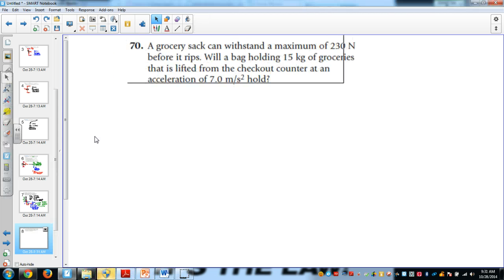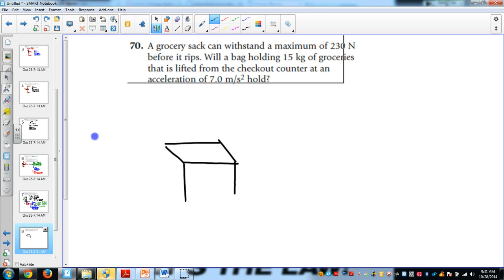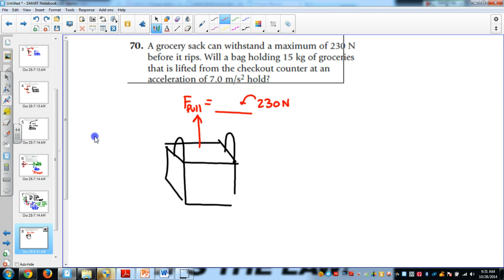All right, so in number 70, it says a grocery sack can withstand a maximum of 230 newtons before it rips. So I'm going to draw my grocery sack. And the biggest amount of force is 230 newtons. We know that's the biggest it can be.